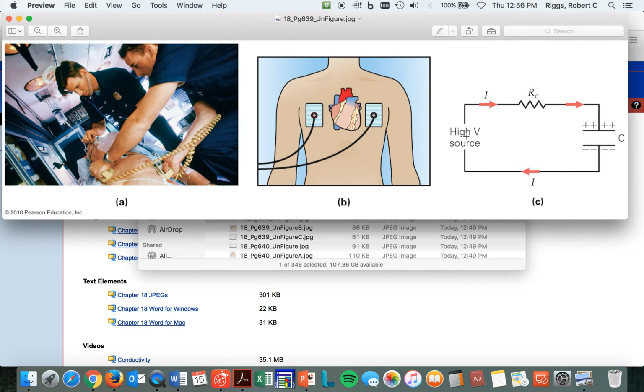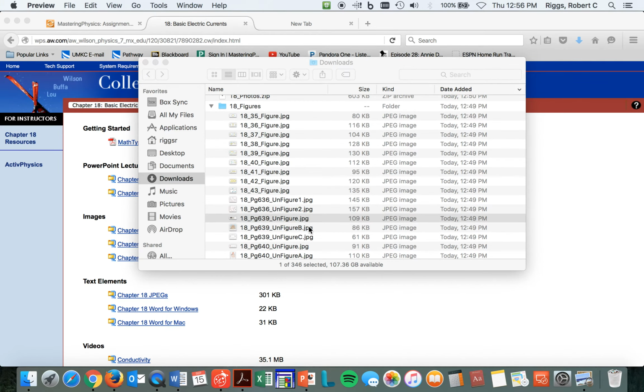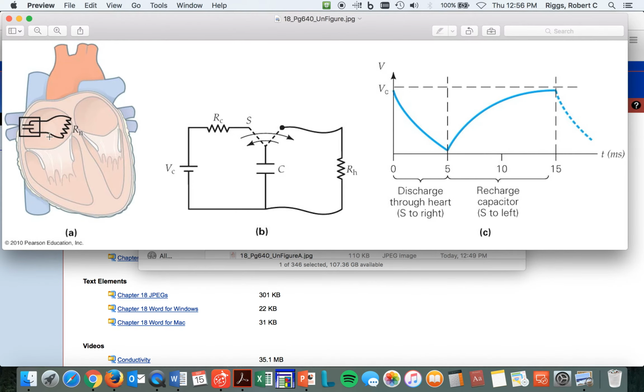All right, so here's the defibrillator. Here's the high voltage source. Here's the charging. So this resistance is very small. So let's go to the next page. 640. Here you go. Here's the heart. Now we've got the resistance of the heart. That's supposed to be an H here, R_H of the heart.